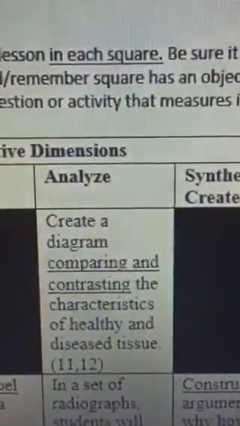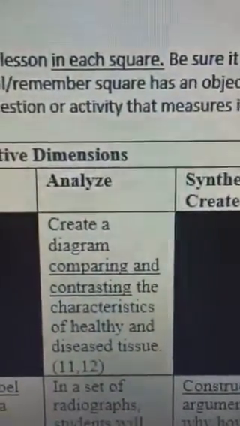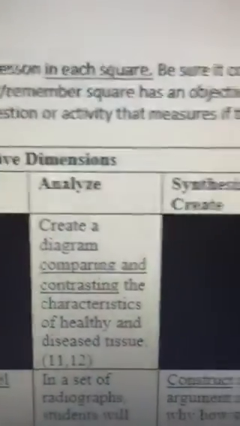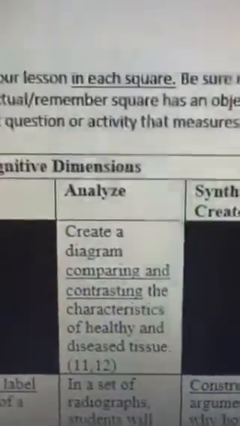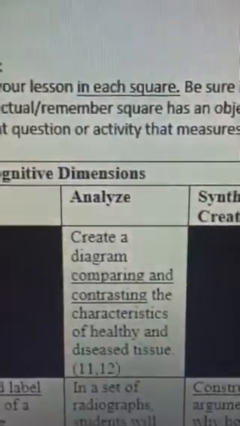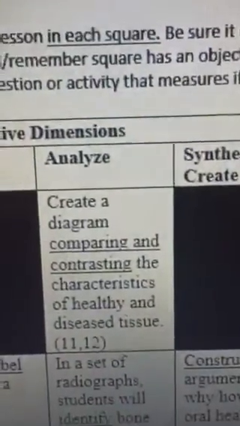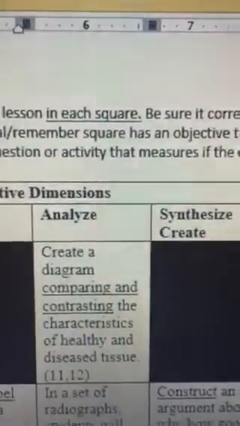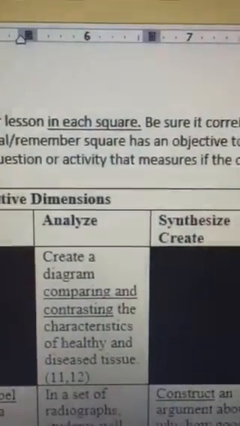So they'll actually have to really separate it in their mind and analyze which characteristics would go on each side, pink tissue versus erythematous tissue, and separate those in their mind. So they'll have to think about it a little bit more. So we're going up in the knowledge levels here.